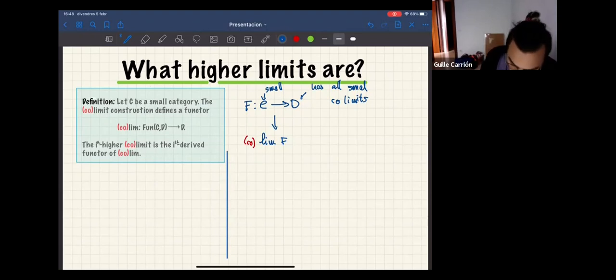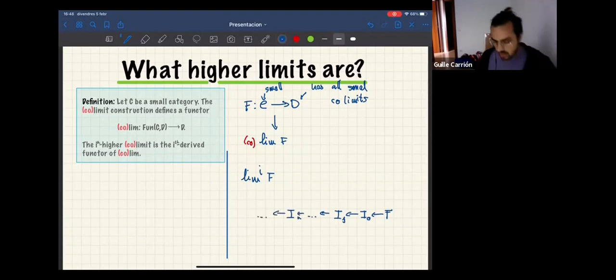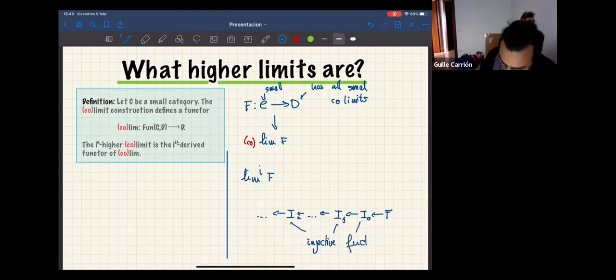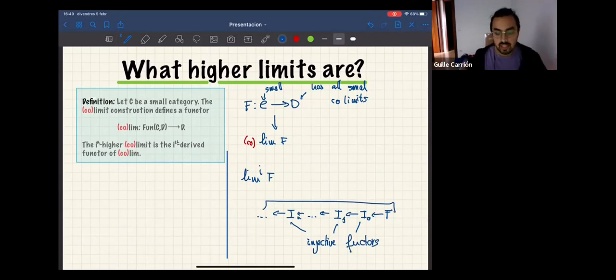For example, if I want to compute the higher limit of F, I take F, and then I have to construct an injective resolution, E0, E1, up to En, where these objects are injective functors, and this sequence is exact.